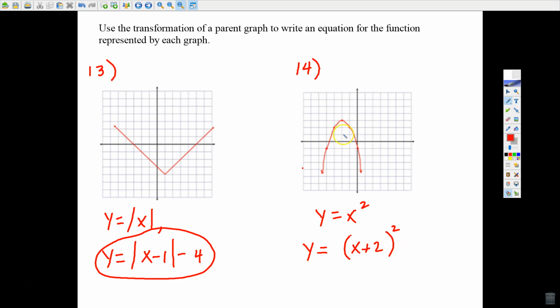Here is my shift of up 3. And this reflects it over the x-axis. And so that's your answer for number 14. So you need to be able to do the transformations, because in some cases you're going to be reflecting or dilating in addition to shifting left, right, up, or down. You should be able to do that for any parent function that you're given.